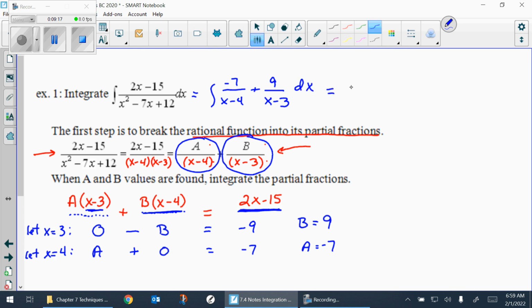And that becomes negative 7 natural log absolute value of x minus 4, plus 9 natural log absolute value of x minus 3.